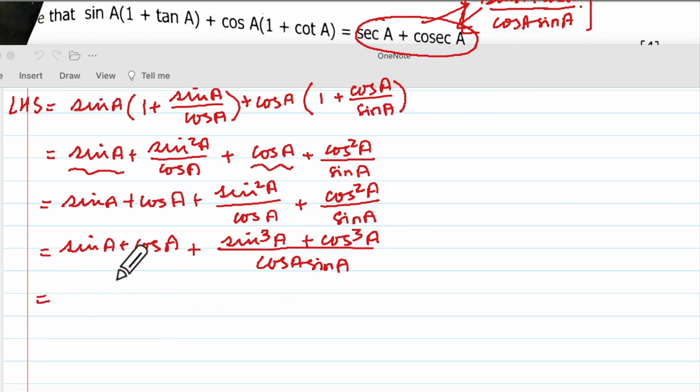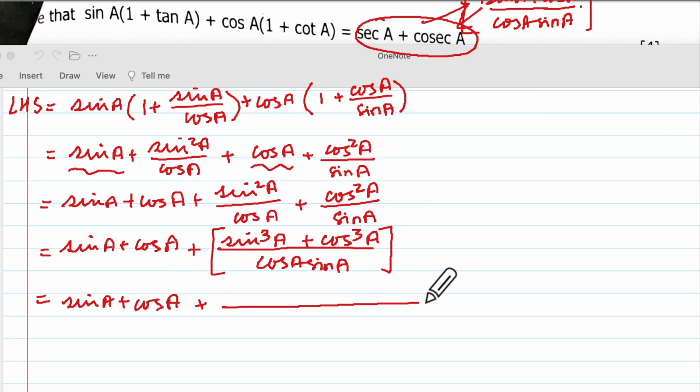Alright? Now, if I want sine A plus cos A, can you spot over here sine A plus cos A here? Isn't it A cube plus B cube? Yes, ma'am. Means it will be A plus B into A square minus AB plus B square. Understanding? Yes, ma'am. So you get here sine A plus cos A, and in the numerator we have to factorize sine A plus cos A, correct?